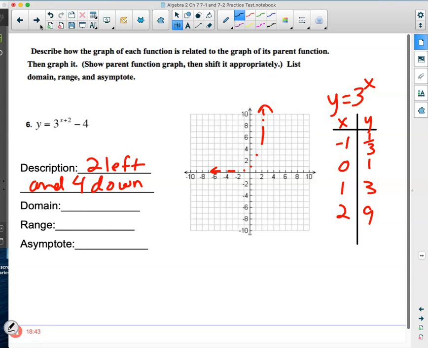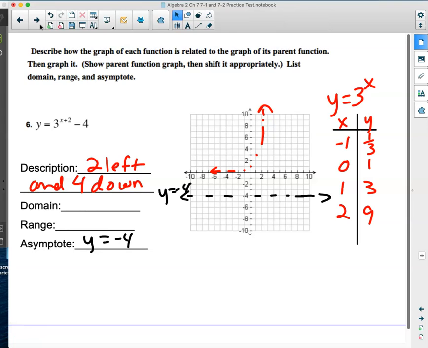So y equals -4. And it needs to be an equation for a line, so we have to put the y equals -4 piece on there. That y equals says, hey, this is a horizontal line. Well, now we have to move it. Good news is we just have 4 little points to move. So each of those needs to go 2 to the left and 4 down.